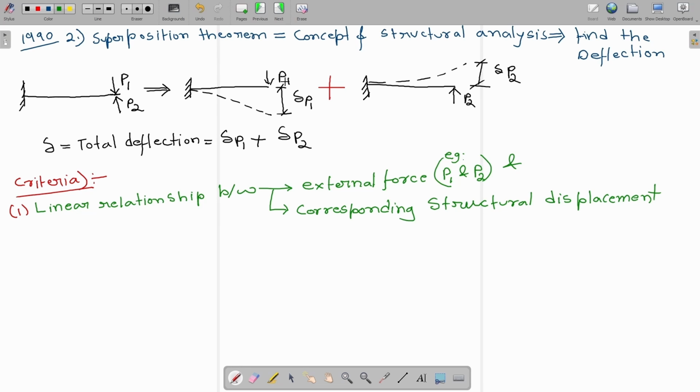For example, P1 and delta P1 should be linearly dependent on each other. Similarly, P2 and delta P2 should be linearly dependent on each other. This is criteria 1. Now for criteria 2.